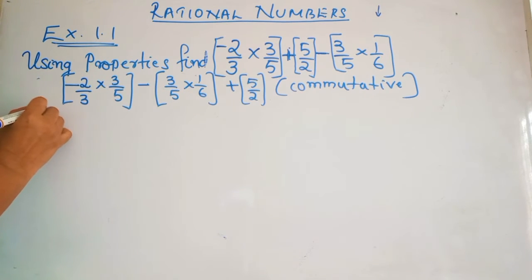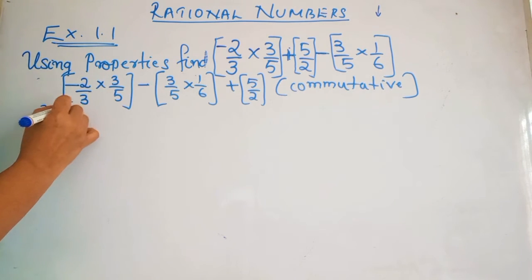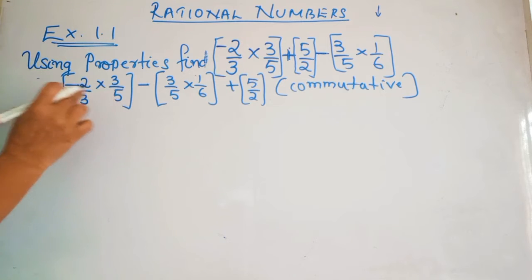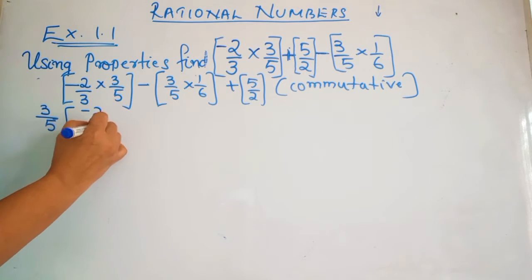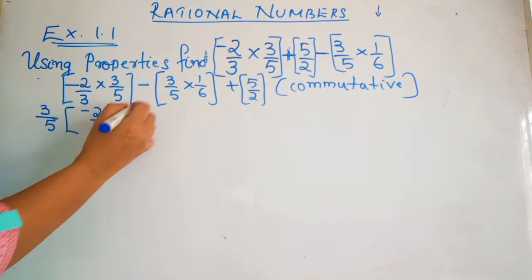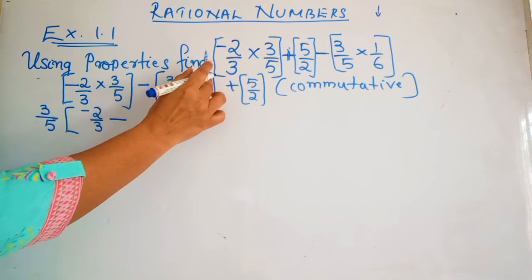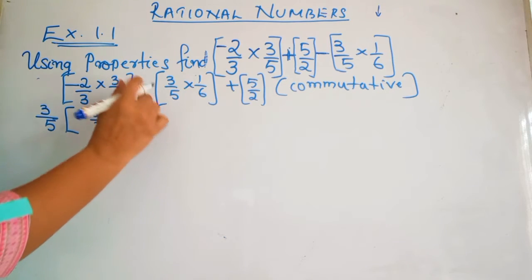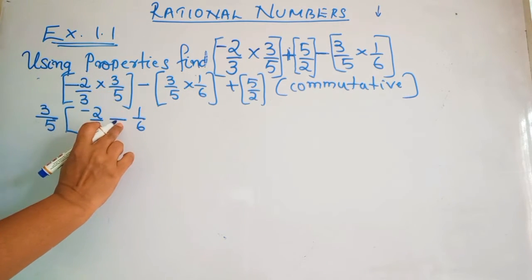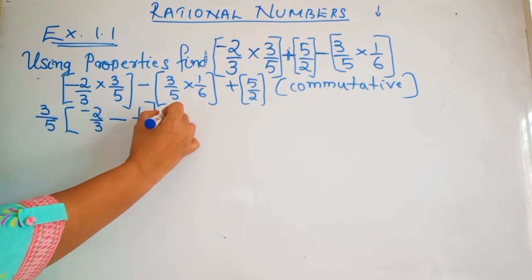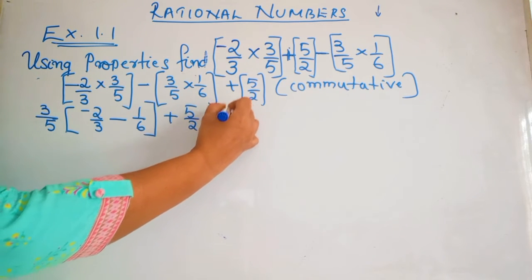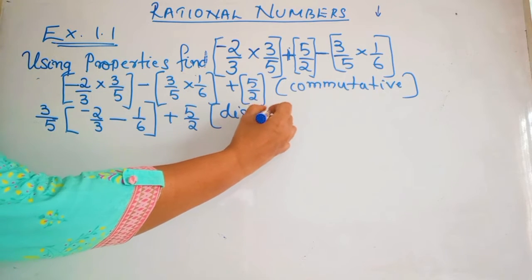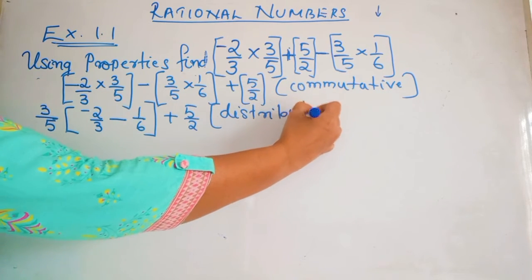So we are going to take 3 by 5 out. If you take 3 by 5 out, you can see minus 2 by 3 will come inside, and in the second term it will be 1 by 6. In between them there is a minus sign that I kept here. The last term we can keep as it is, 5 by 2, and the property we applied here is distributive.